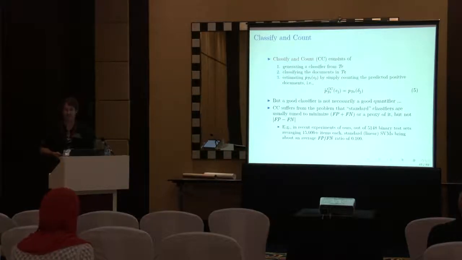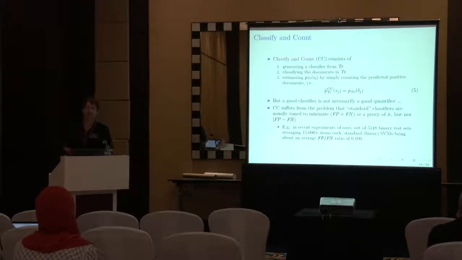So let me make an example. In text classification, we are often confronted with the imbalance problem. Suppose that we want to classify web pages according to whether they are about nuclear waste disposal or not. If we sample the web, only 1% or less than 1% of web pages are about nuclear waste disposal.